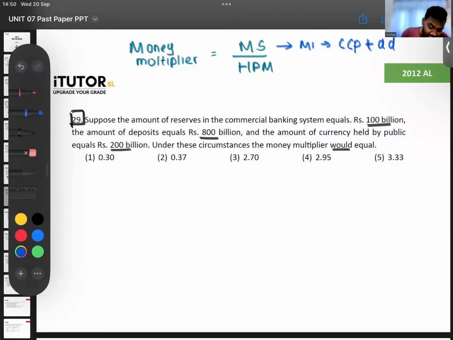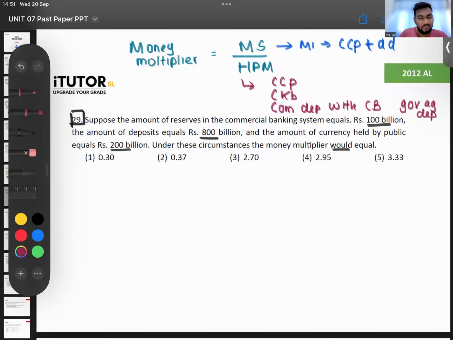What does high-powered money have? High-powered money has currency held by the public, currency held by commercial banks, which I'll say KB, commercial bank deposits with the central bank, that is the SRR component, and any government agency deposits in the central bank.